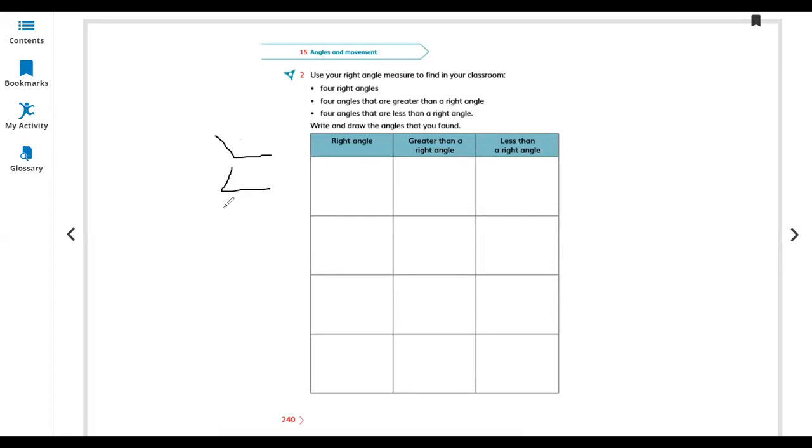And four angles the same shape as a right angle. Right angles, we can see there is a table, at least two. We can write it on the whiteboard. These are right angles.